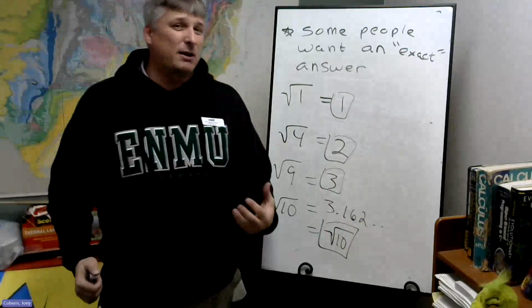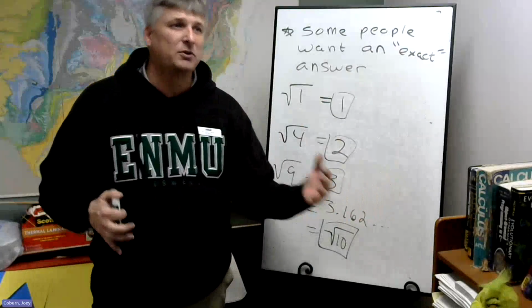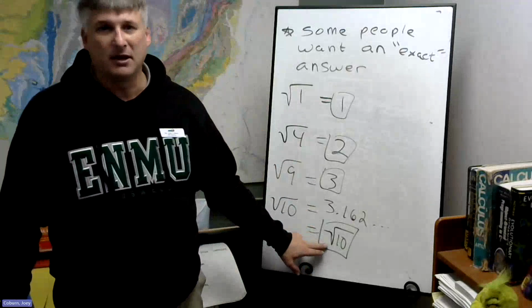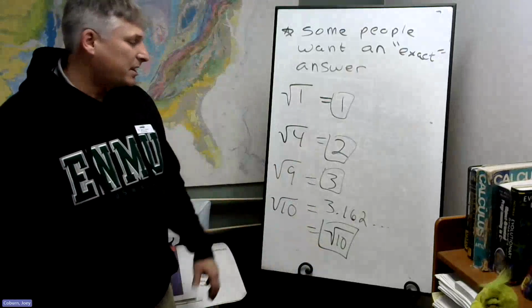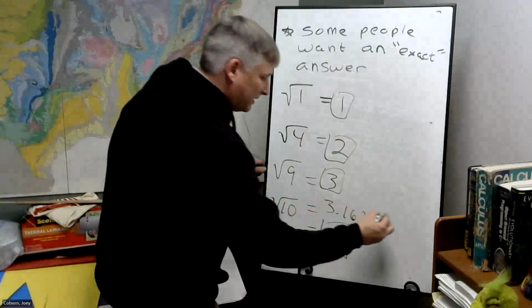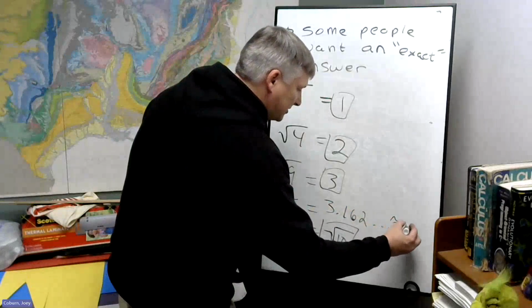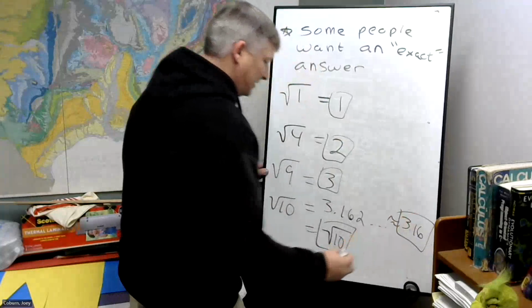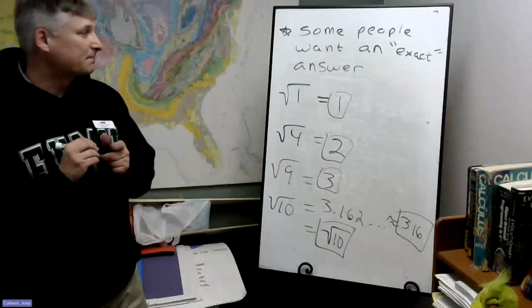In algebra, if your square root comes out irrational, they'll just say leave it as square root of 10, and that's it. But in our text, what we're going to do is round this off, and we'll call this approximately 3.16. That's what we'll do in our class.